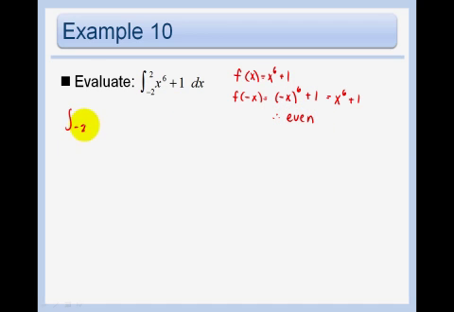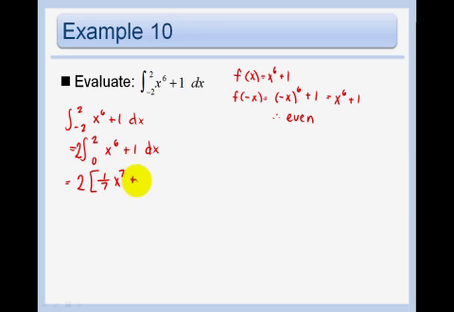So instead of doing this, we can rewrite it as 2 times the integral from 0 to 2. The antiderivative of that, we don't need a u sub or anything here. The antiderivative is just 1/7 x to the 7th plus x.